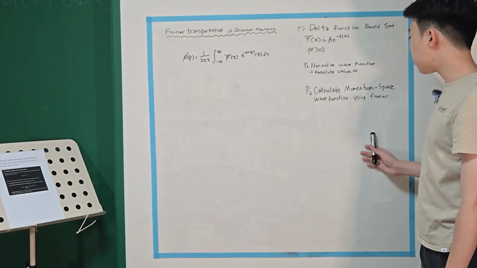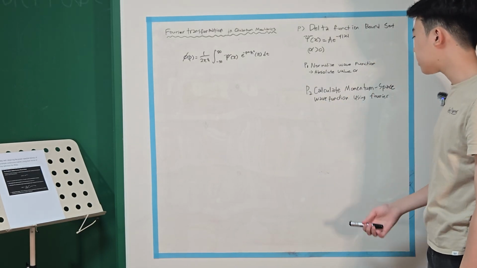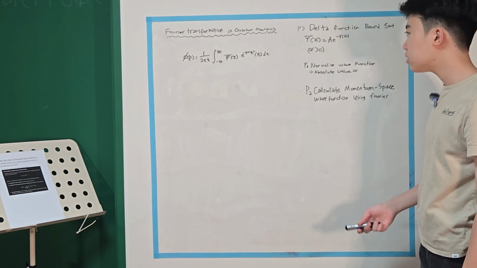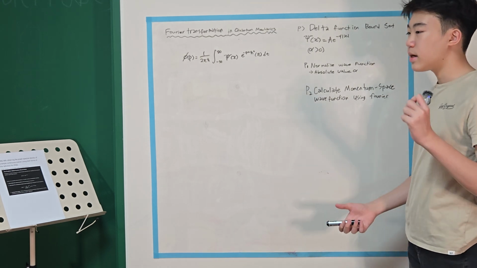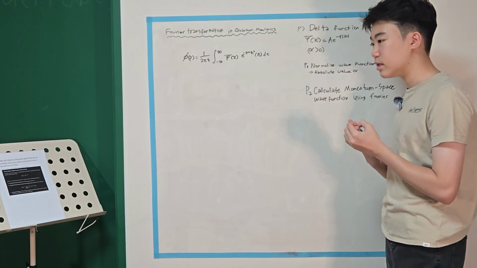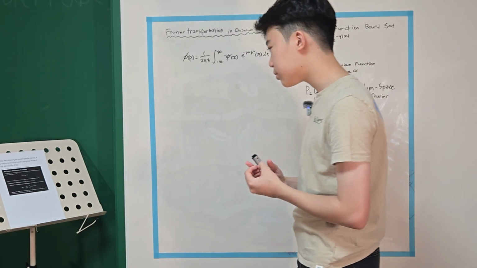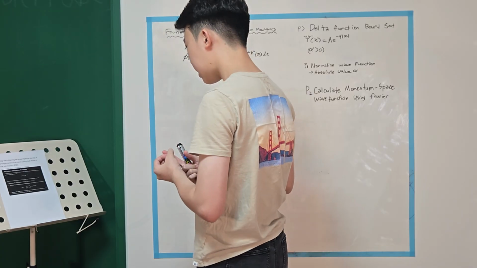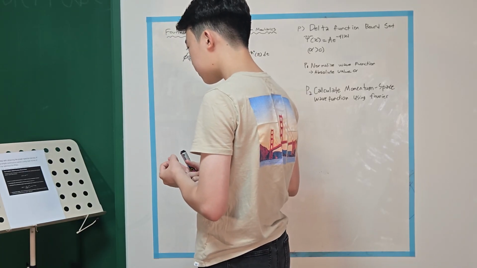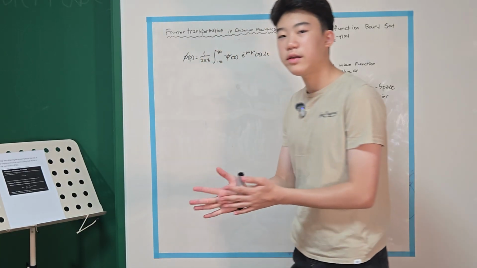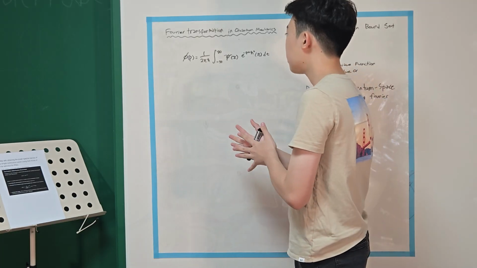By using Fourier transformation, we can calculate the momentum space wave function by determining the Bloch sphere and the infinite wells interception. Psi x interception. And Fourier transformation, how do we find Fourier transformation?